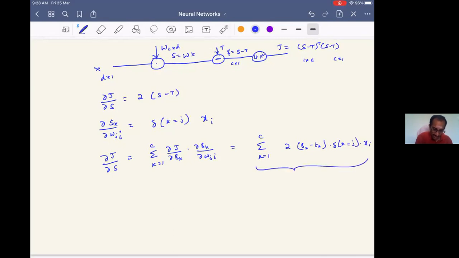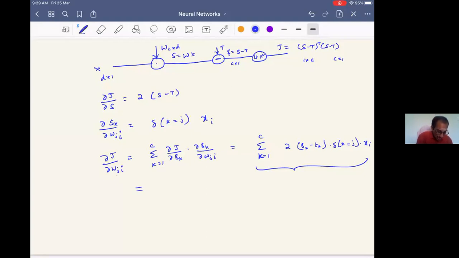And if we perform the summation, what is the answer? K can take 1 to C, but it is only non-zero when K equal to Z, because what we are asking is dou Z by dou Wji.